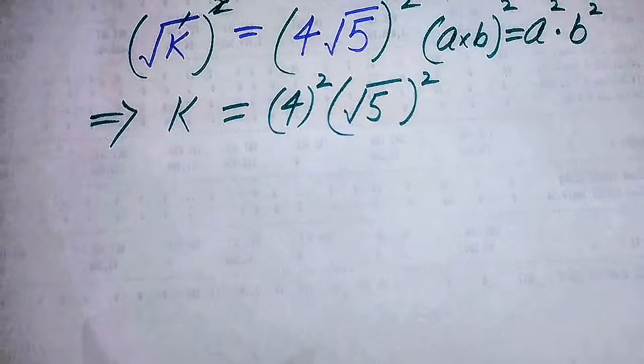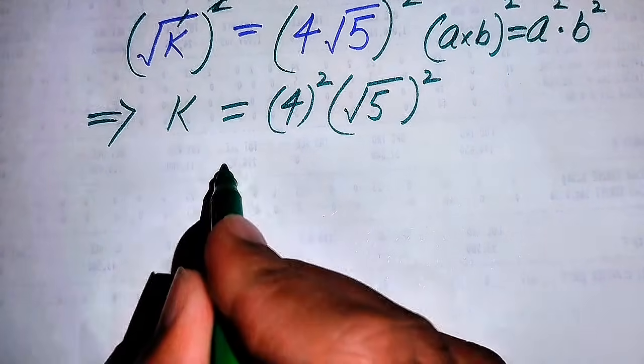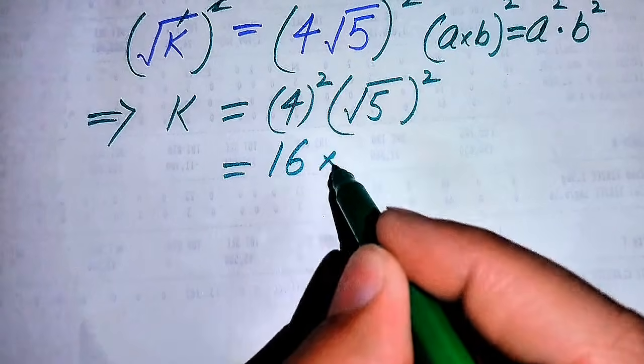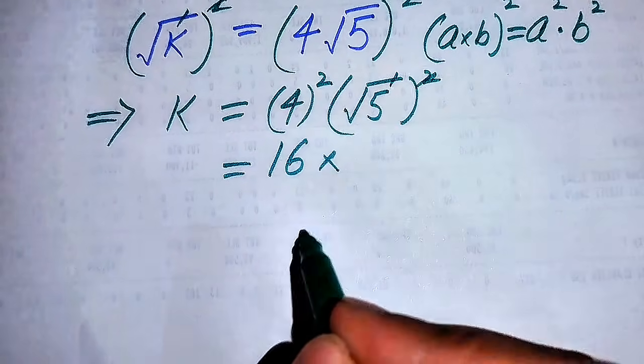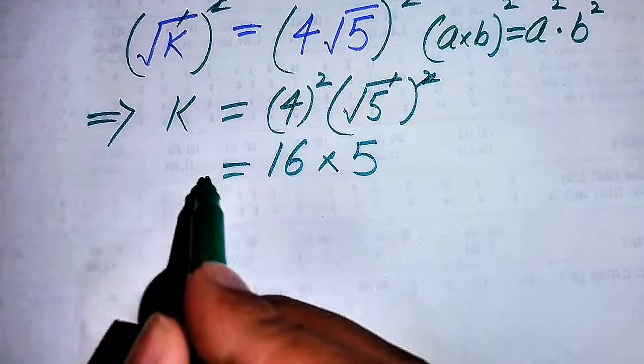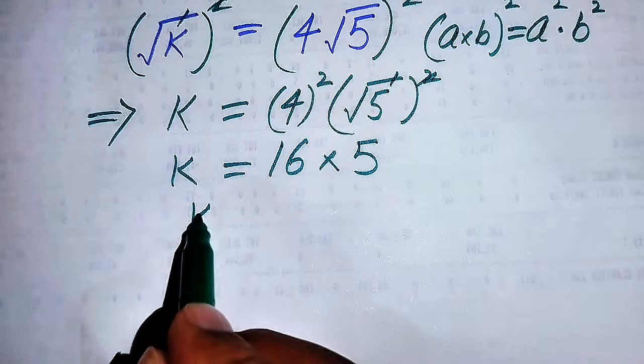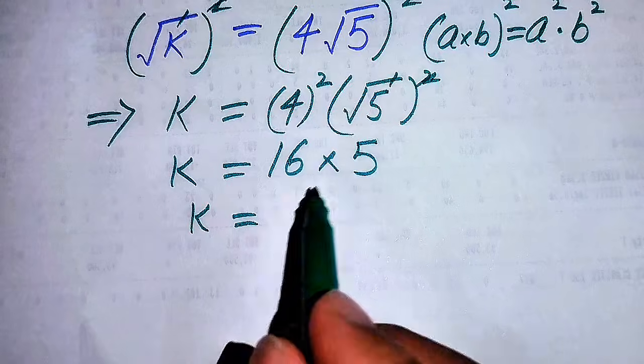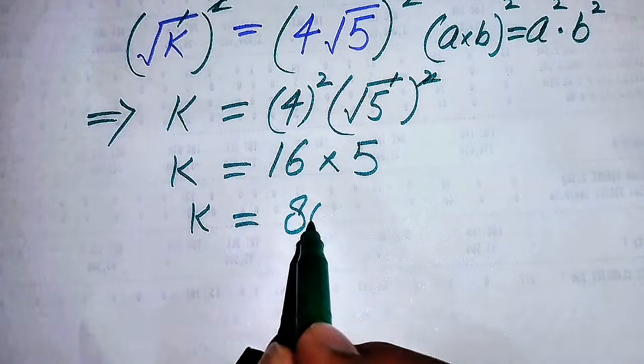Now in the next step we need more simplification. 4 square becomes 16, multiplied by the 2 and the square root cancel out each other, and we get only 5. So from here we get k is equal to 16 times 5 is equal to 80.